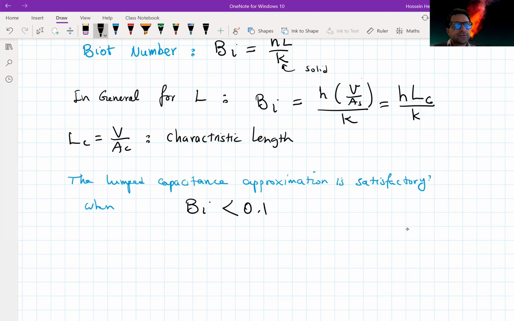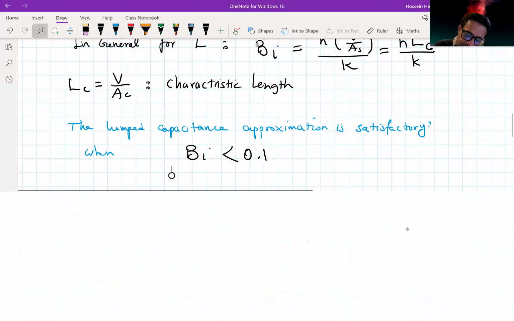That's the criterion that we define. We evaluate this Biot number, and if it's less than 0.1, then we use the lumped approximation.